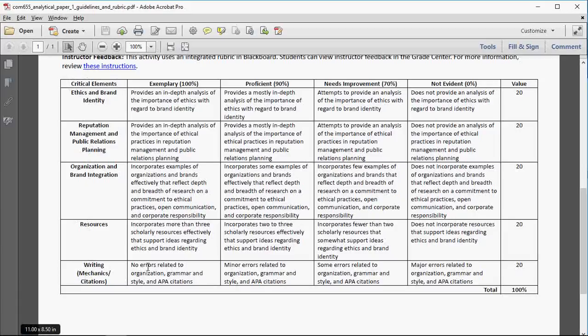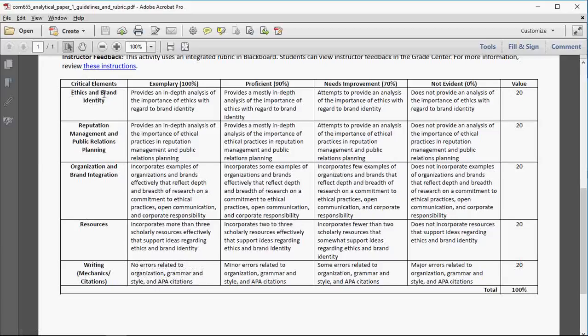Okay, this is errors related to the internal structure or organization of your writing, grammar and spelling, writing style, APA style. Okay, so this is the how it looks and how it's presented, which is 20% of the grade in this particular assignment.